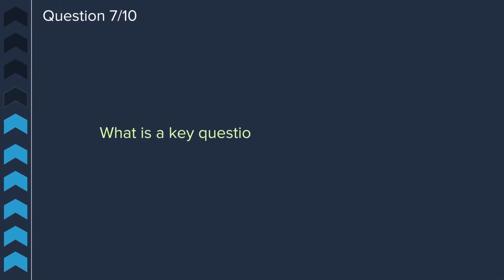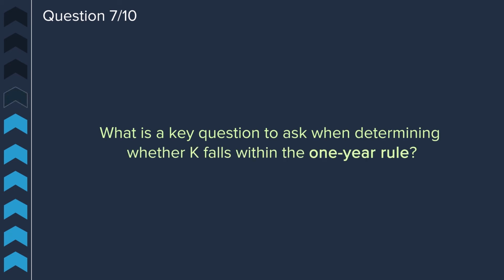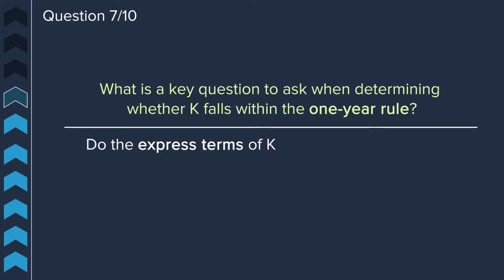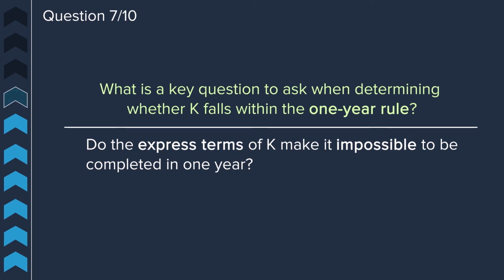What's the key question to ask when determining whether a contract falls within the 1-year rule? The key question to ask is, do the express terms of the contract make it impossible for it to be completed within a year? If yes, then the Statute of Frauds applies.